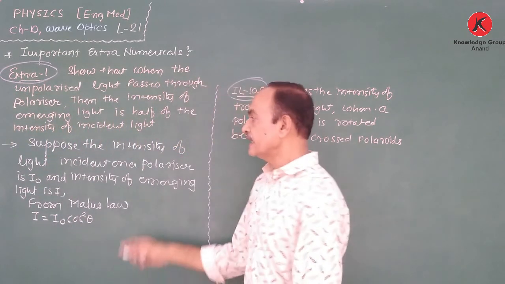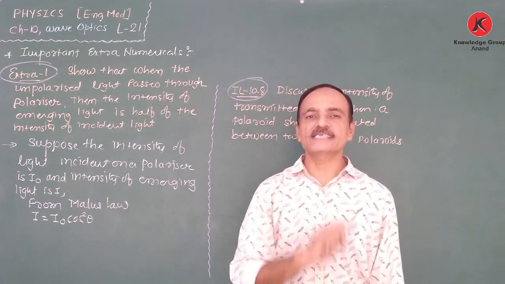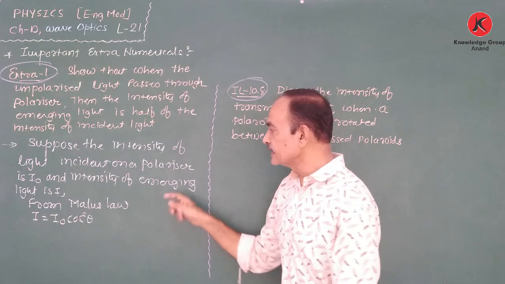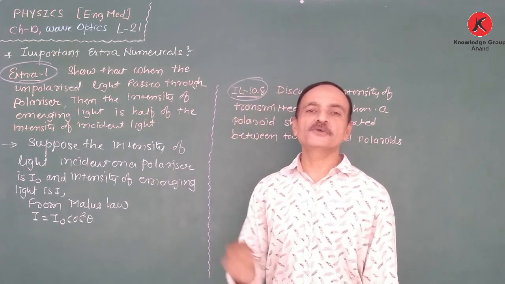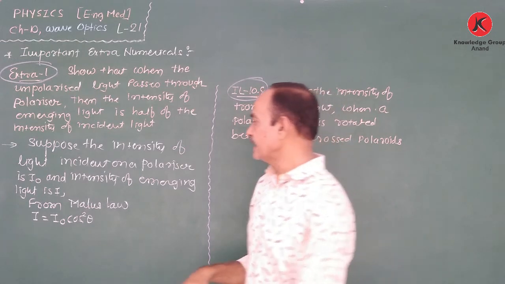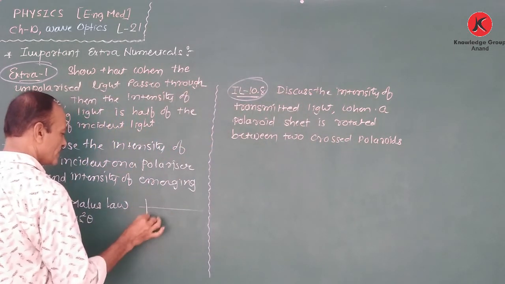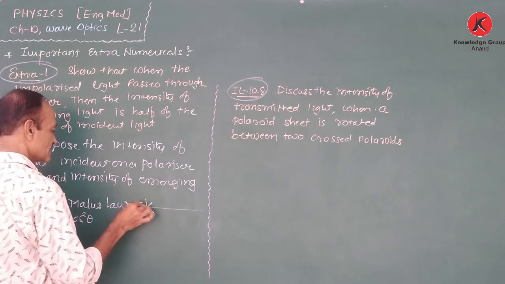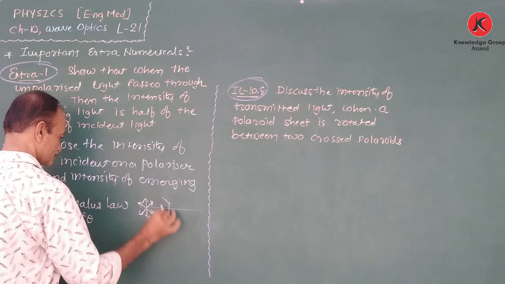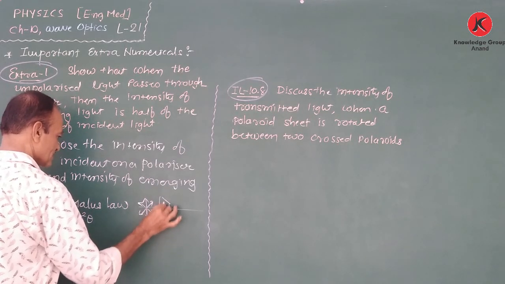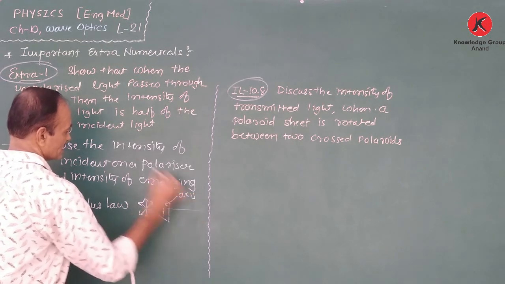Now, the intensity of the emerging light is the average intensity of the incident light between 0 to 2 pi. Why? Because the unpolarized light is incident on a thin plastic sheet, and that is the axis of the polarizer.